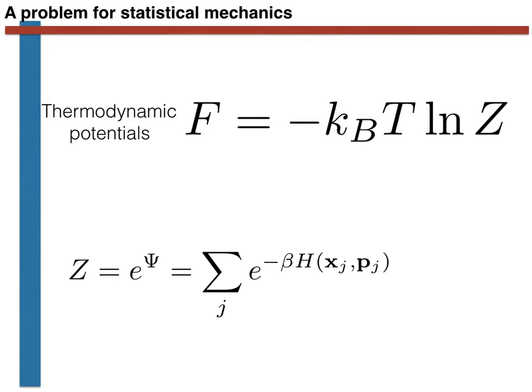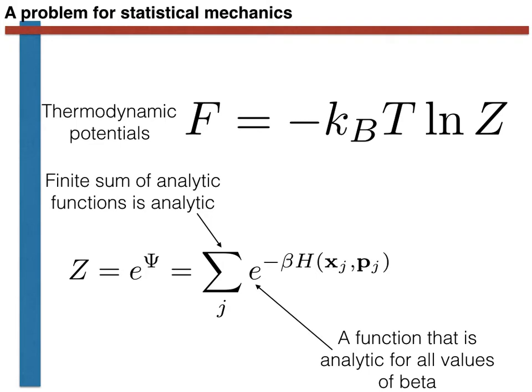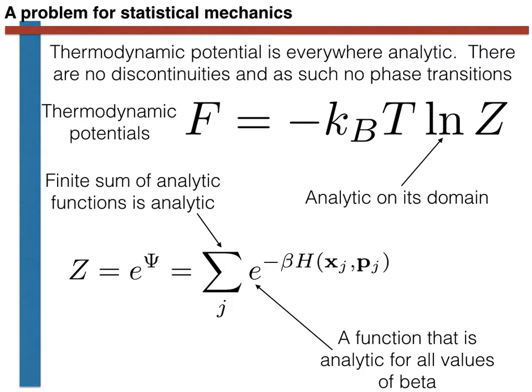This is problematic as the exponential function is analytic for all values of beta, and because a finite sum of analytic functions is itself analytic, and because the logarithm is analytic on its domain. As such, the partition function should be an analytic function of beta and by extension of temperature.